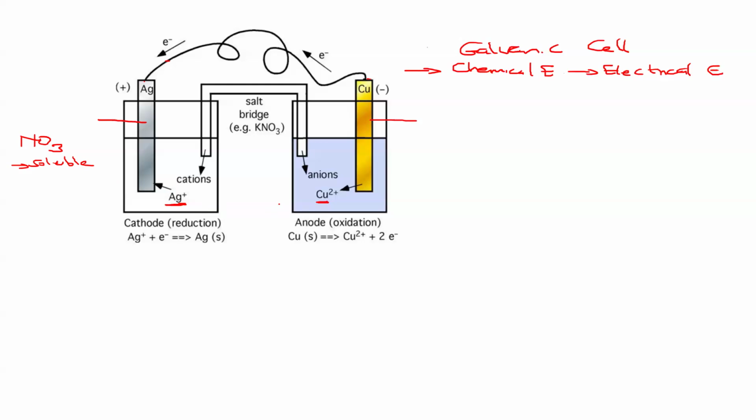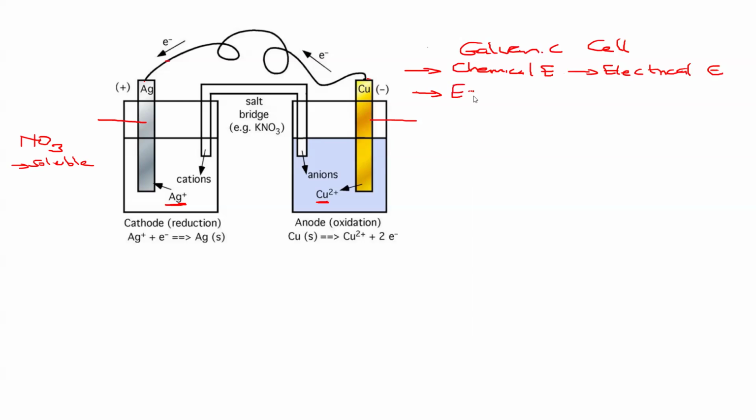Now I want you to understand this galvanic cell. Remember, in the galvanic cell we are converting chemical energy into electrical energy. Remember we mentioned the E cell. Let's have a formula first.